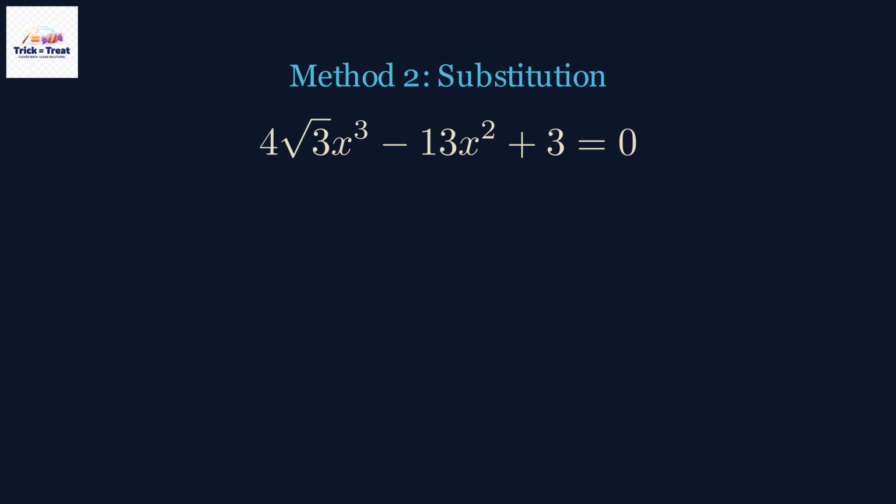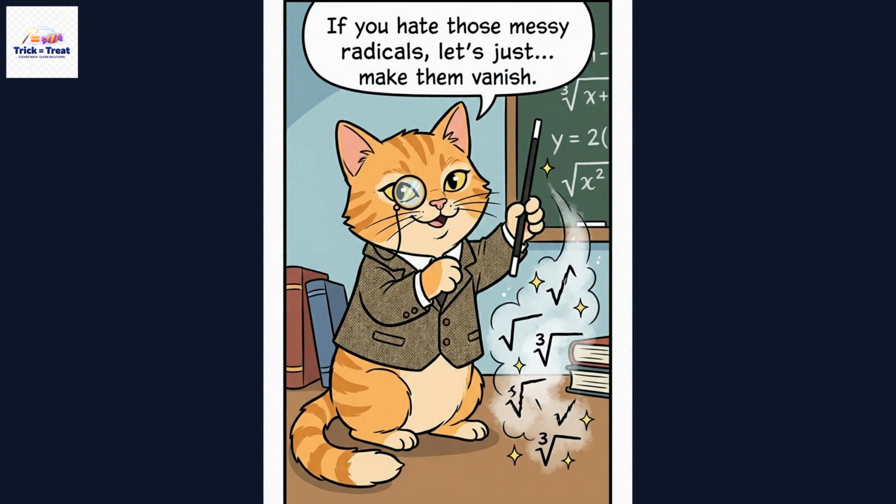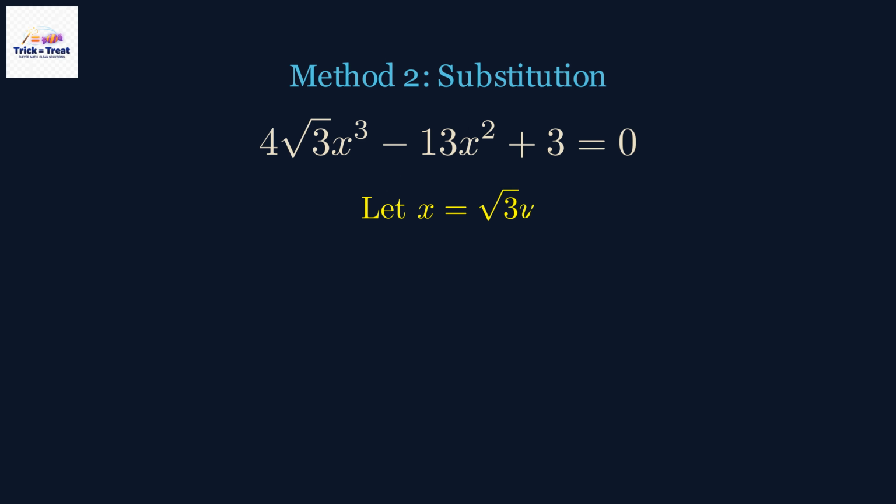That's okay. For our second act, we're going to use the transformation. If you hate those messy radicals, let's just make them vanish. We're going to create a new variable, y, and we're going to say that our original variable, x, is equal to √3 y.